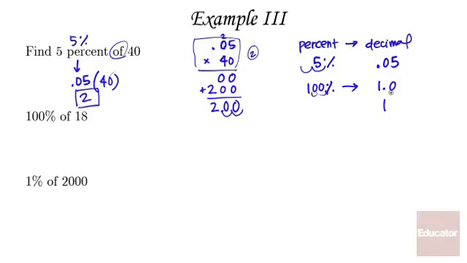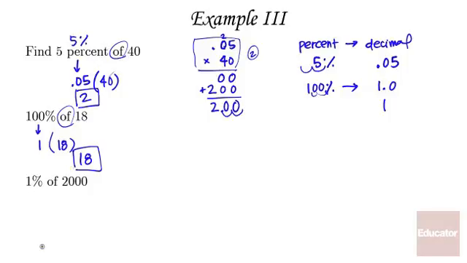So 100% is the same thing as 1 in decimal. So it's like saying 1, or 1.0 if you want, times 18. What's 1 times 18? Isn't that 18? So again, shortcut: if you have 100%, you're saying what's all of it? So all of 18 is 18.